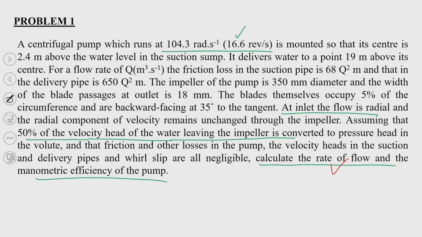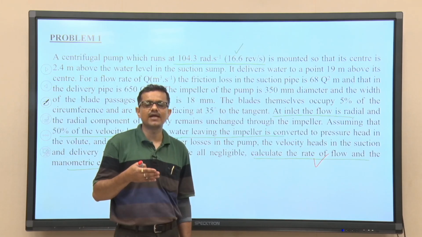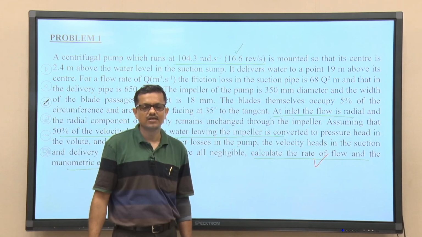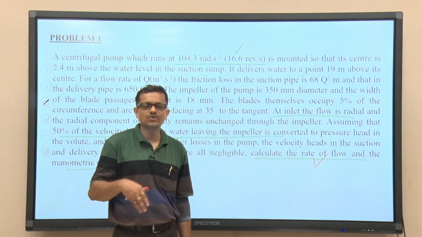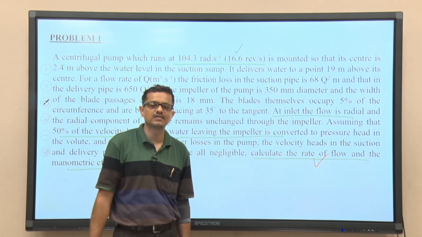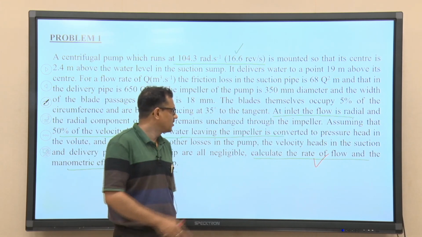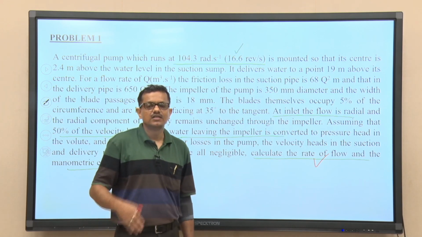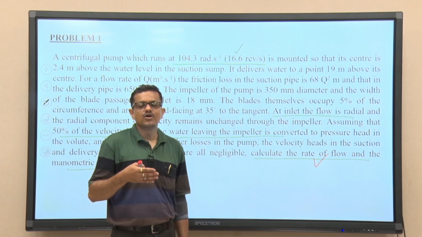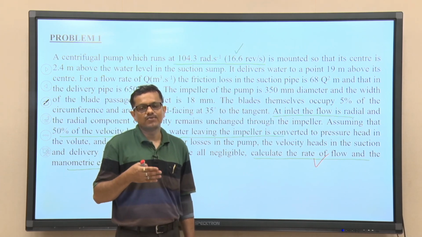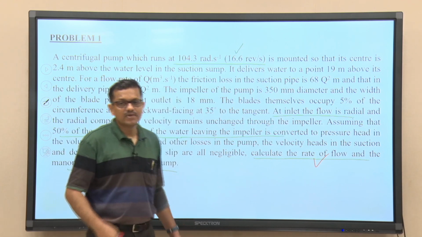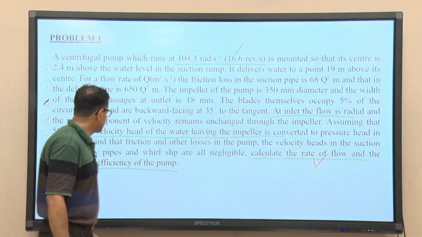Since the actual head supplied by the pump will always be less than that predicted by Euler equation, we also had to recapitulate one important efficiency in the context of pump operation, the manometric efficiency, and we have calculated the flow velocity components from the velocity triangle using the concepts that we have learned from the previous classes. And eventually we have calculated the flow rate and efficiency.